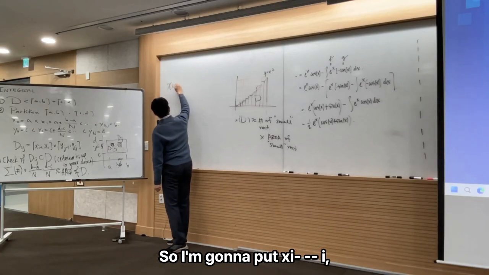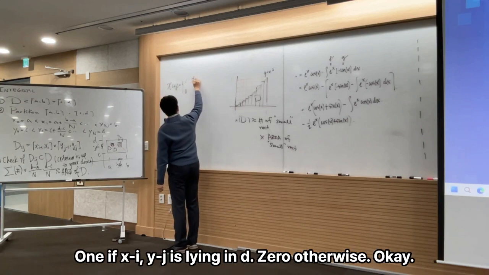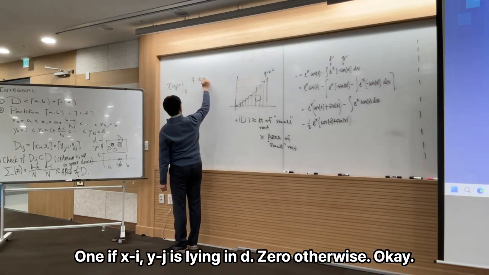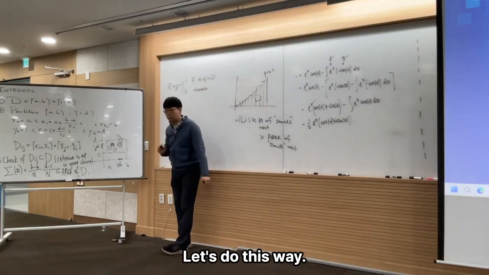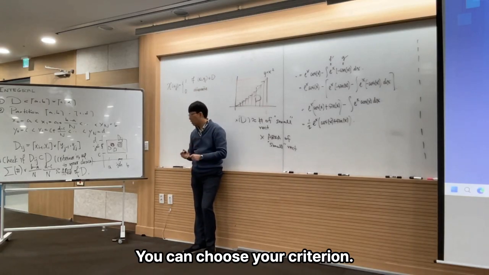So I'm going to put psi_ij to be 1 if (x_i, y_j) is lying in D, and 0 otherwise. Okay, let's do it this way. I just chose my criterion. You can choose your criterion.